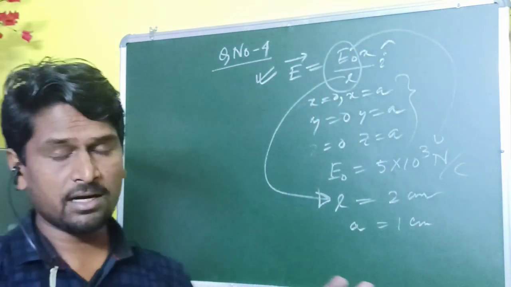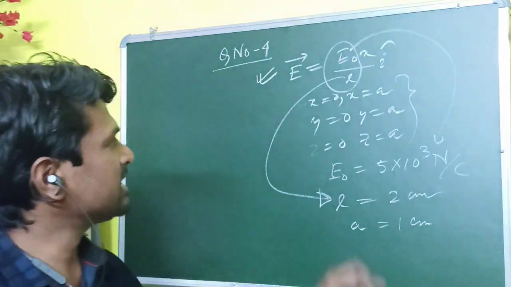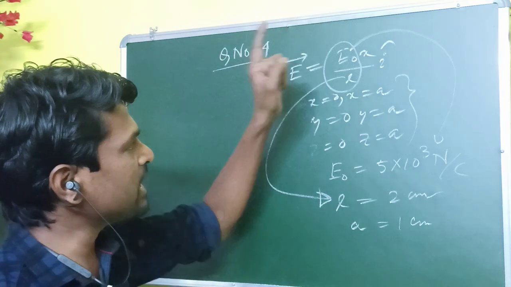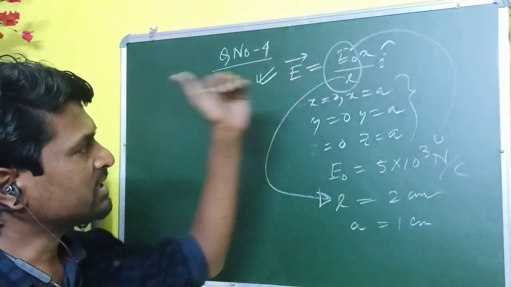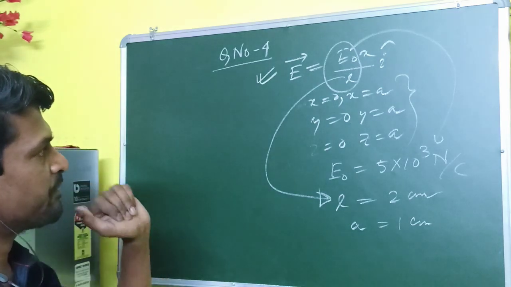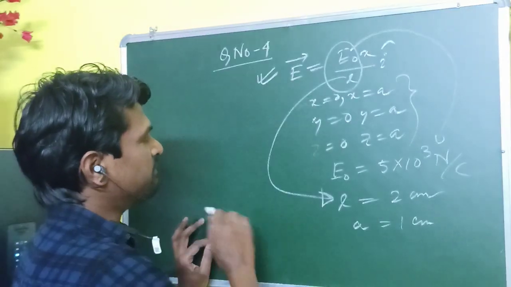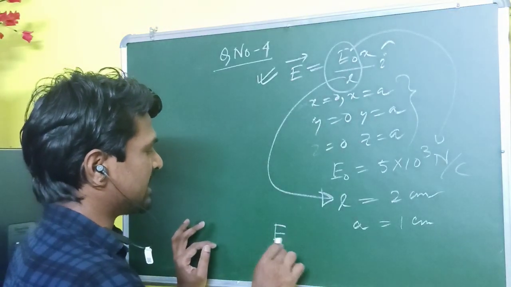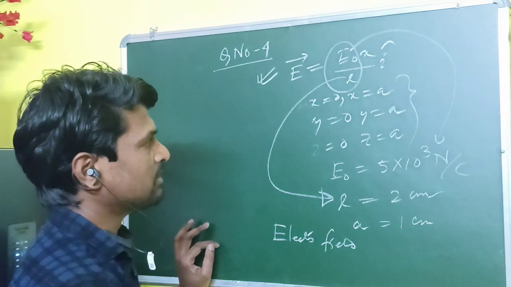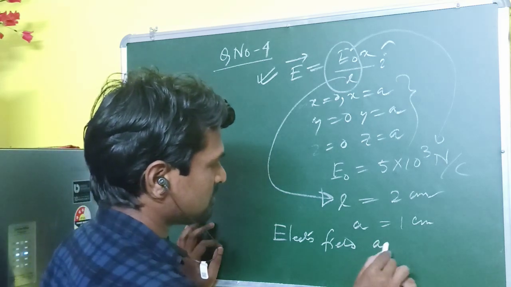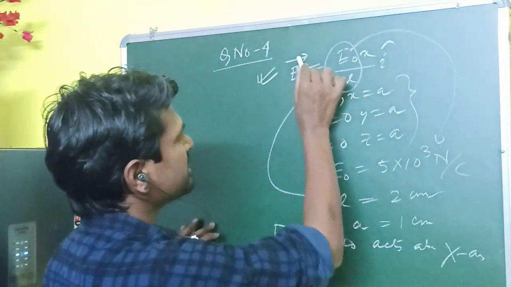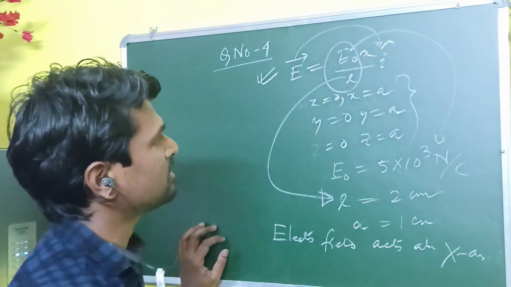So the E vector contains 3 parts: E naught by L, which is constant, x, which is a variable portion, and i cap. You know that the electric field is directed along the x-axis. So the analysis of this line is that the electric field acts along the x-axis.